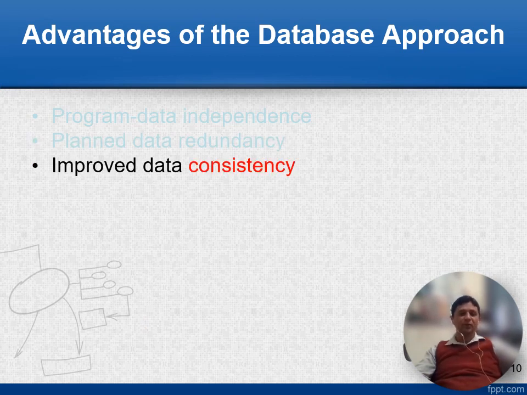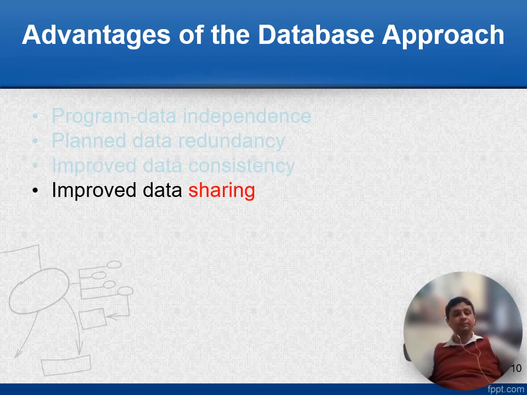And there is improved data consistency. I have already discussed that there is improved data consistency because we have so many features in our database management systems. Using the database management systems, the consistency has been improved.